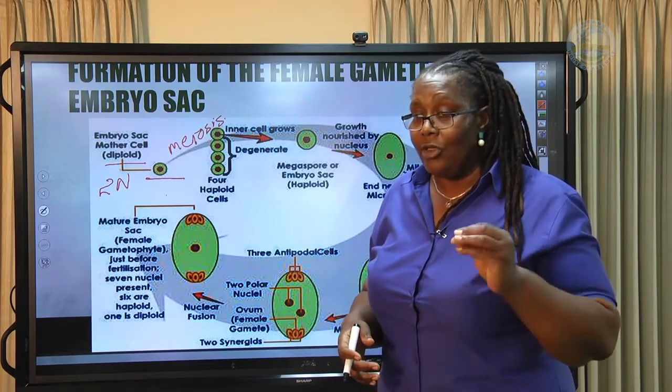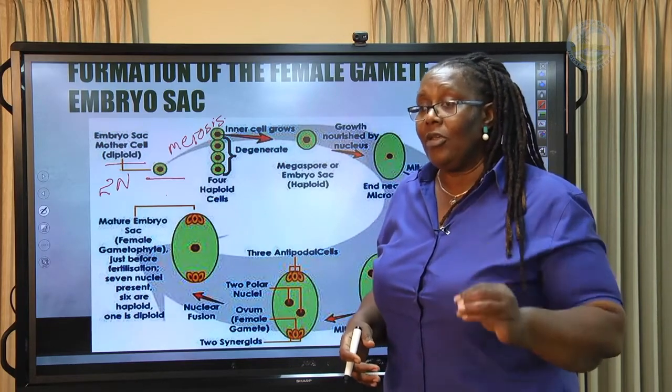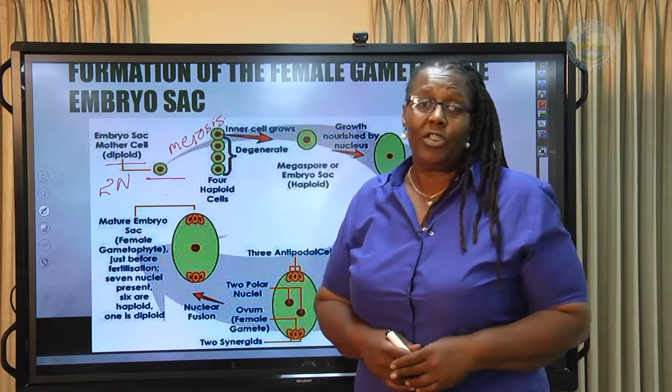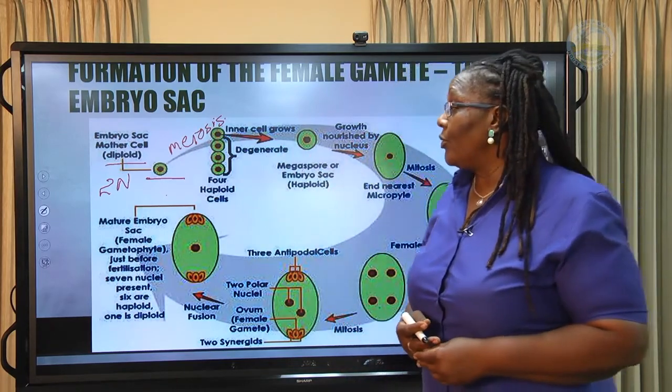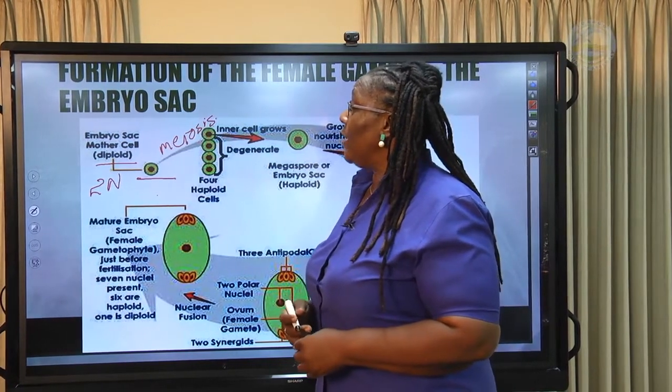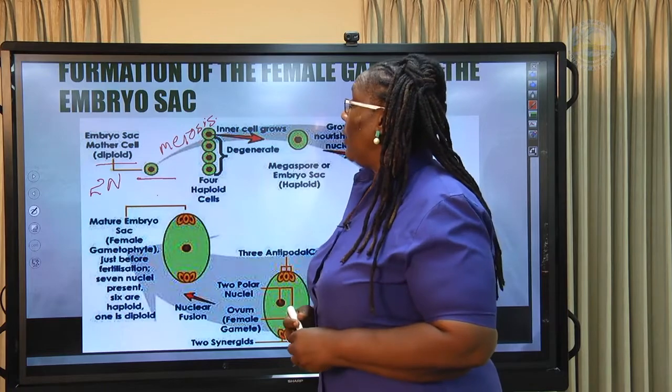Remember, go back to your meiosis. If you did not understand meiosis, as we go along and speak these terminologies, you will be confused. Good? So you need to go back and review meiosis and make sure you understand it very well.